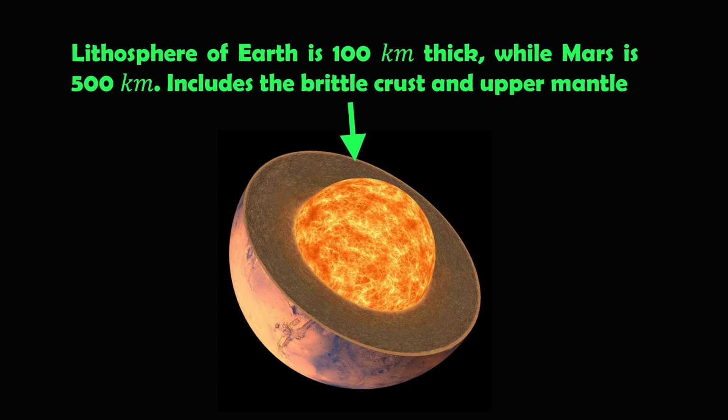Now, the lithosphere of the Earth is about 100 kilometers thick, while Mars is about 500 kilometers. So Mars has a much larger lithosphere, but it's also a much smaller planet. And this again includes the brittle crust and the upper part of the mantle.